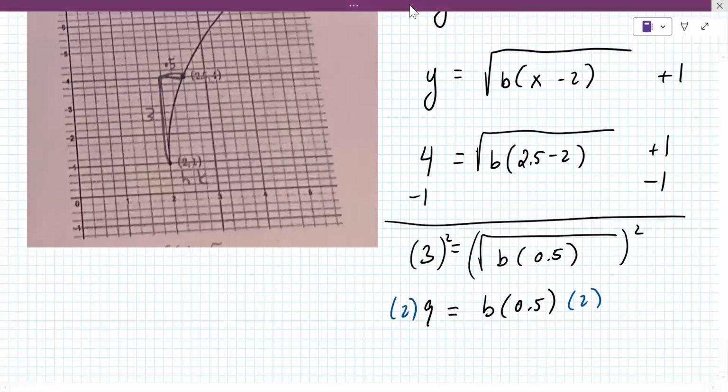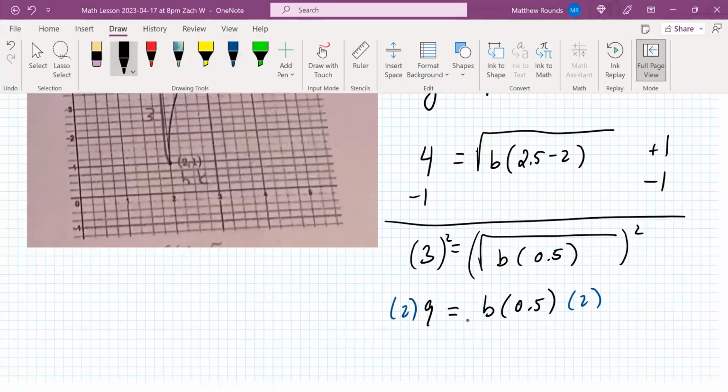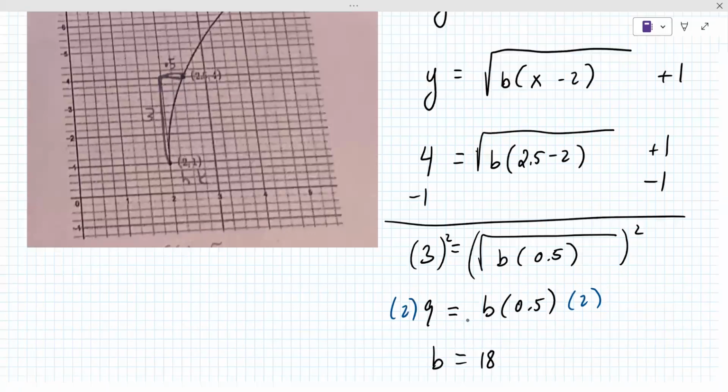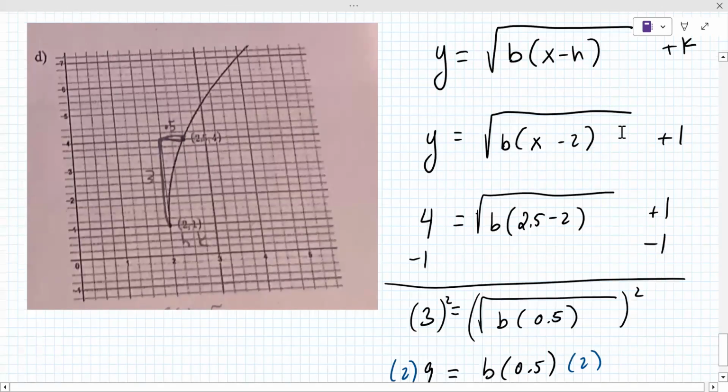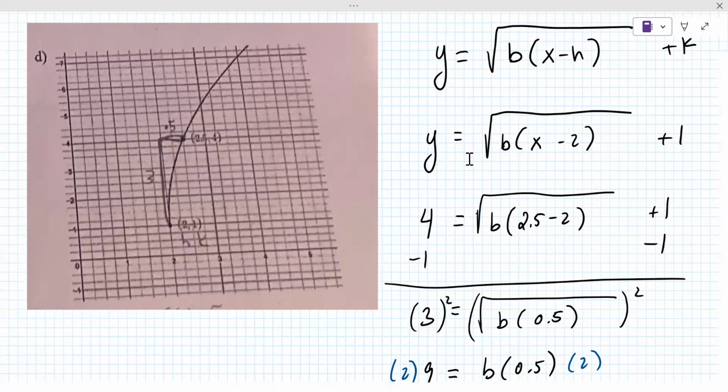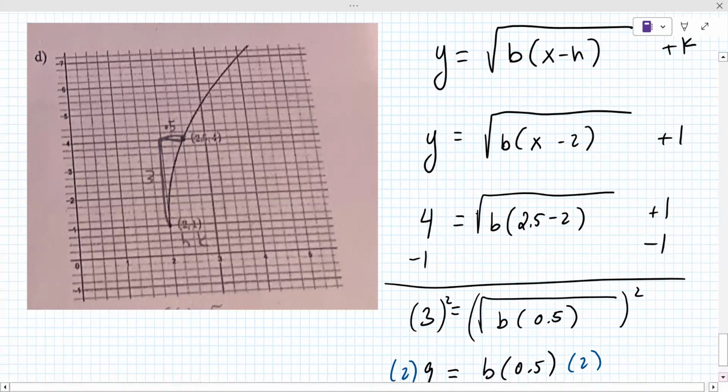So that would be 18 equals b. Yes. And then I would go back to this line right here with the b and the x and the y, and then that would be y equals 18 times x minus 2 plus 1. Yes.